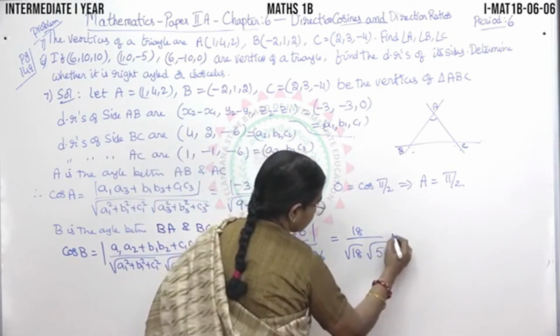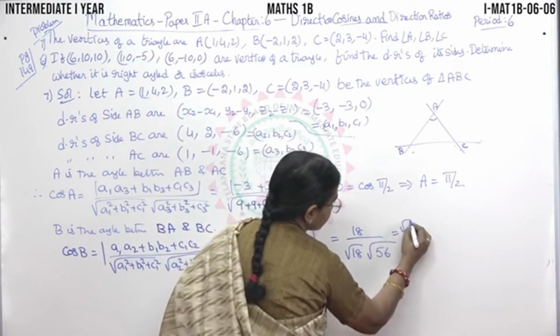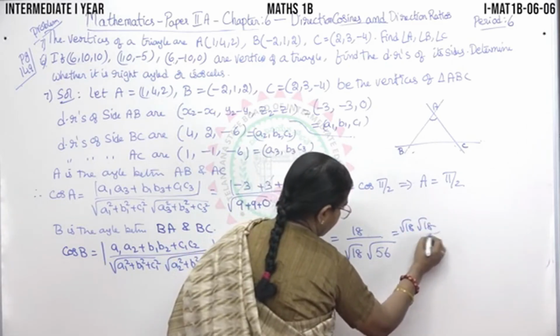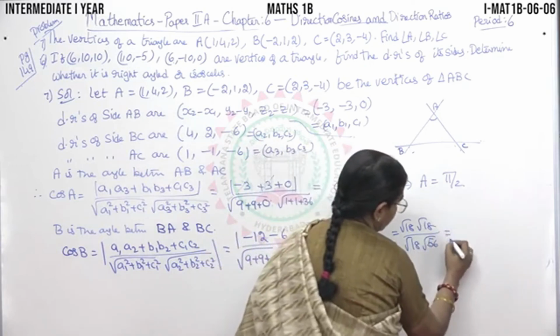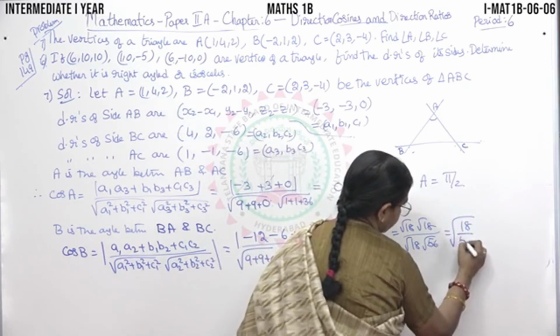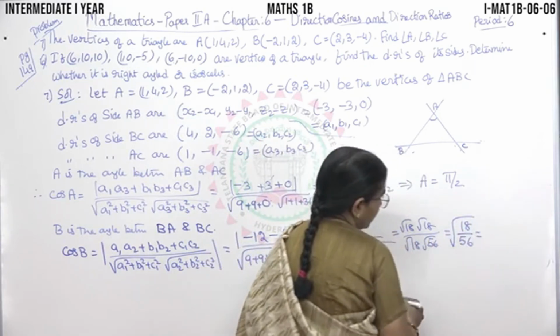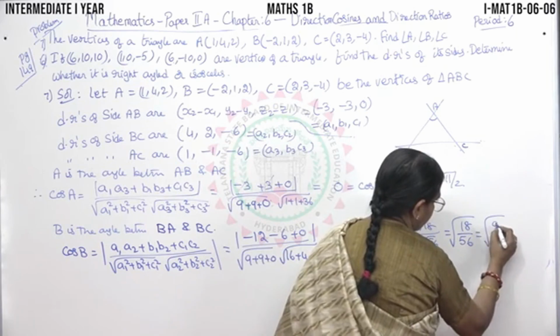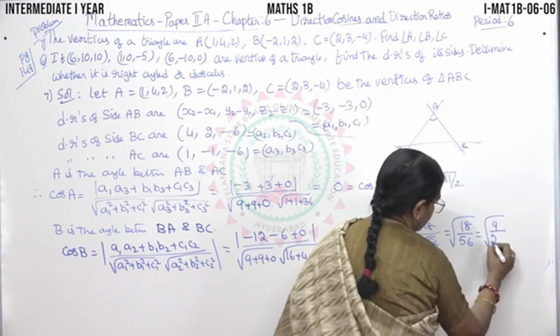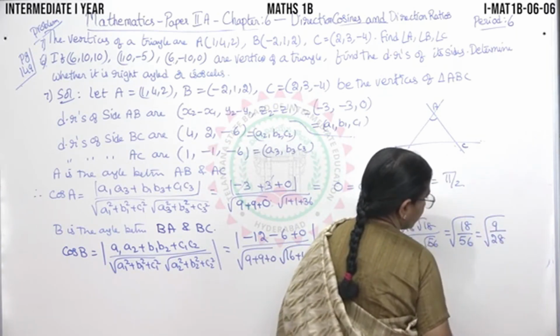So root 18, you can write as root 18 into root 18, and one root 18 gets cancelled. And it is root of 18 by 56. So 2 9s are 18, so root of 9 by 2 8s are 16.